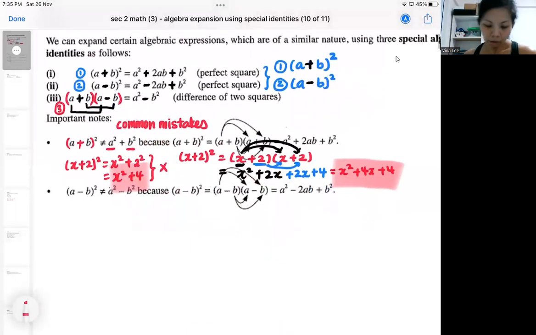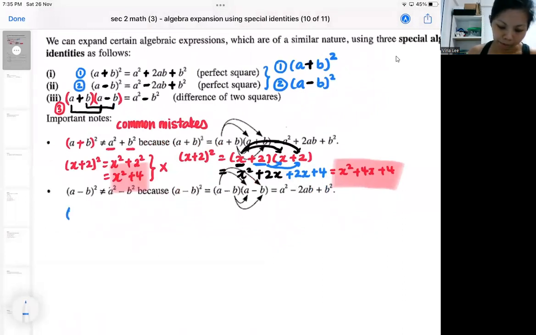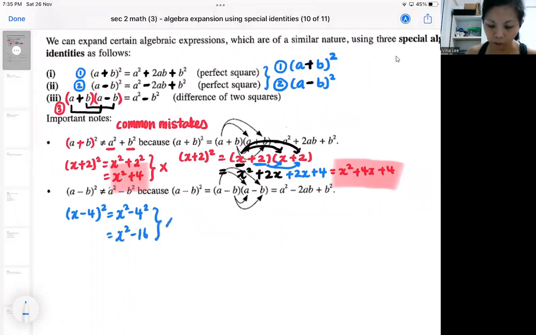It will be the same thing for this one. When they do something like x minus 4, they will be doing things like this. This one is totally wrong. Don't make this mistake a lot of times without realizing it. Why is this totally wrong? Because when there is a square, it means that it is repeated 2 times.